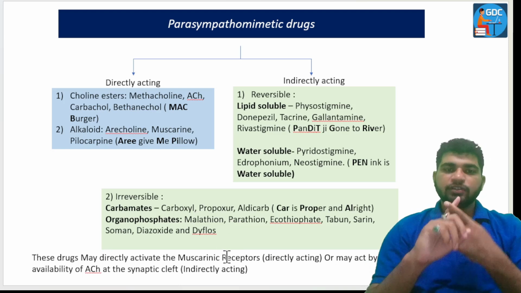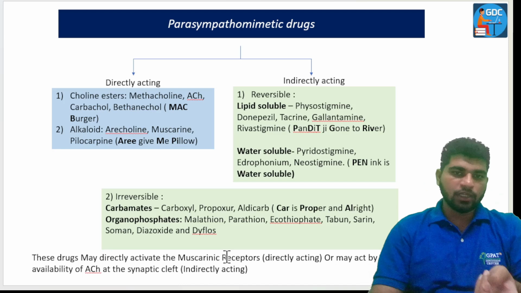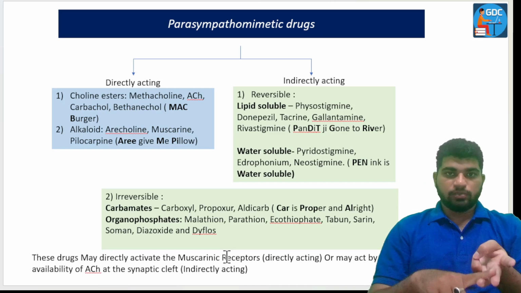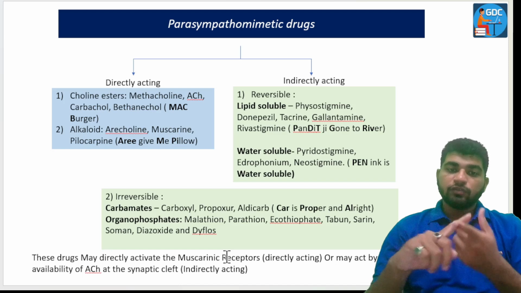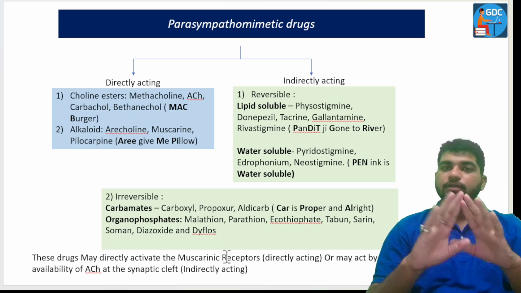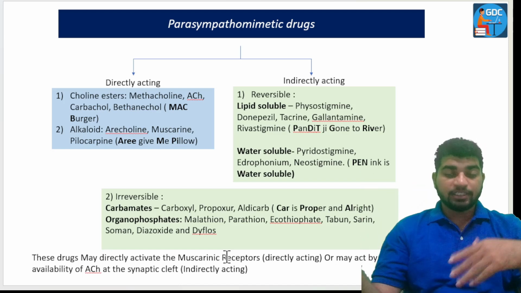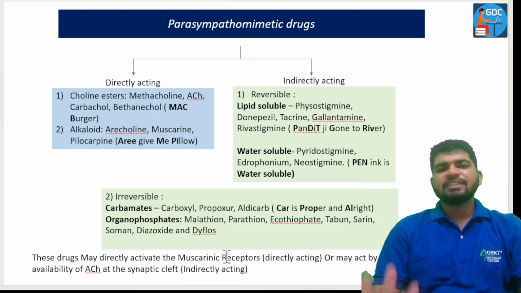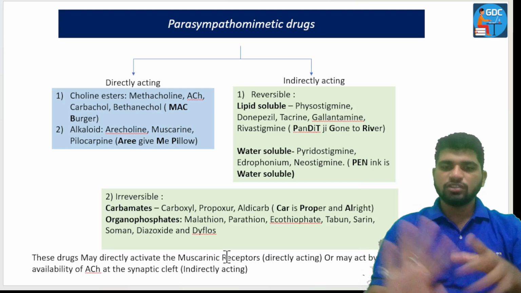So you have learned the trick for choline esters, the trick for alkaloids, the trick for reversible lipid solubles and water solubles, and also for carbamates. All the other remaining compounds automatically go into the organophosphates. These are nothing but insecticides or nerve gases.